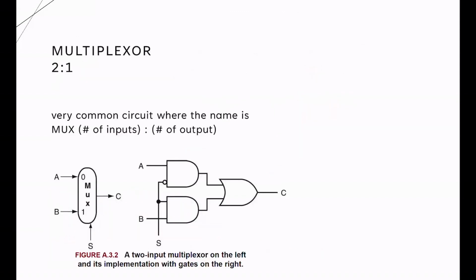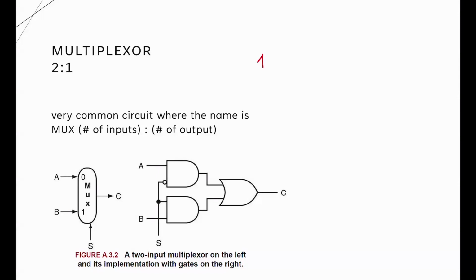The selector that we just did is called a multiplexer. It's a common circuit that we use everywhere. It has the name mux and two numbers, which are the inputs and then the output. From that one, it means you have 2 inputs, A and B, and one selector, and you select 1 output out. So it's the number of inputs to the number of outputs.